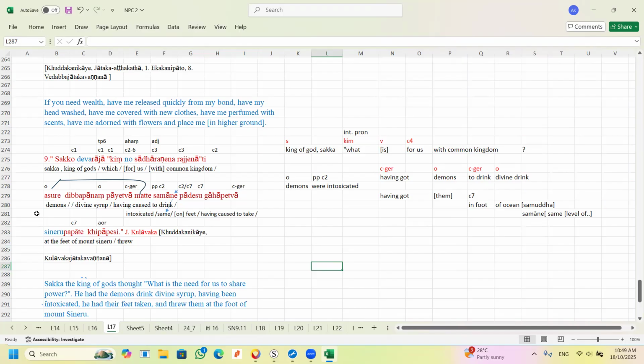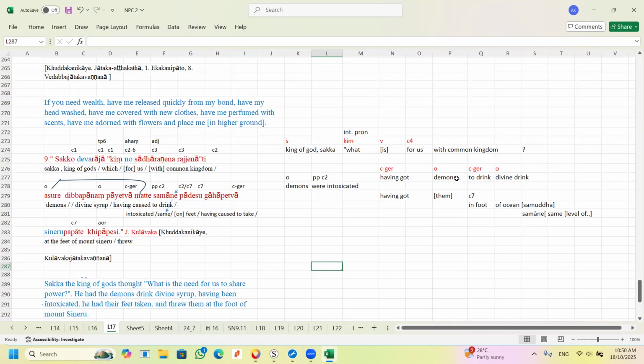Can you see the word Asure? Wait, we will take this one first. This is a causative gerund. Can you see two parts now? This is the word pa, to drink. Having got, this is the object.